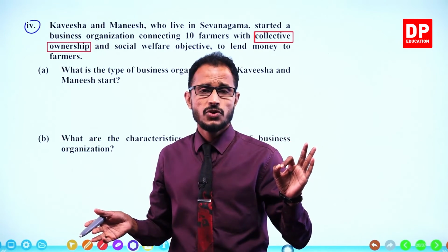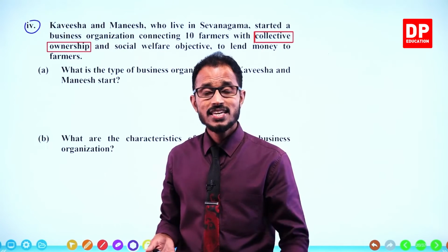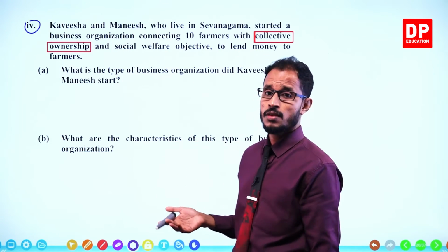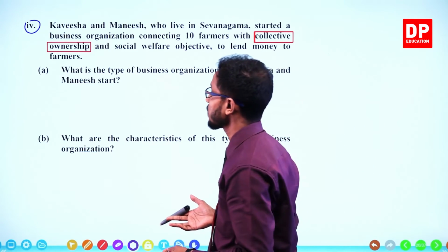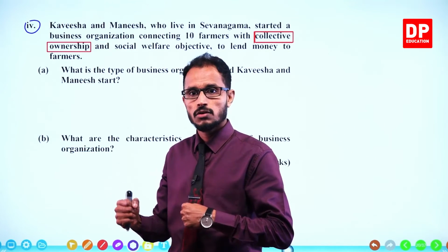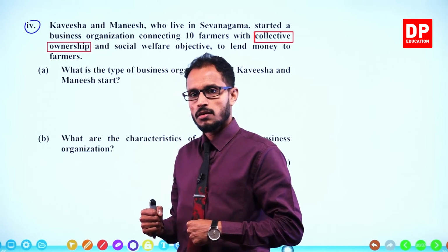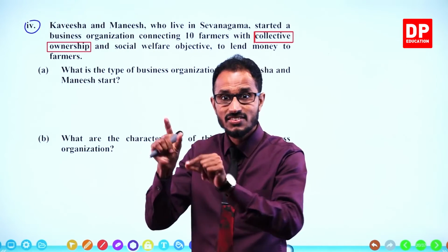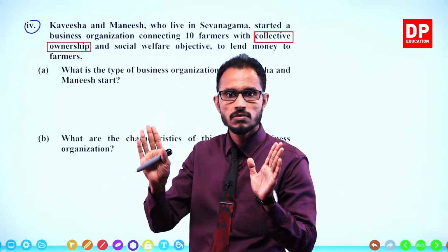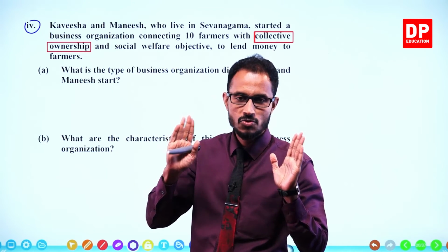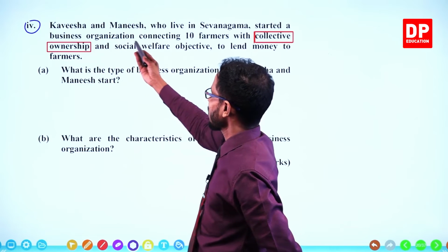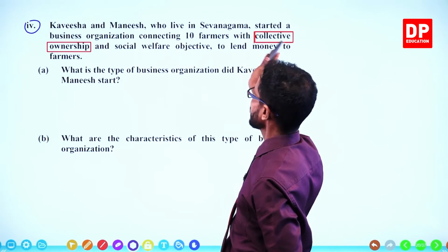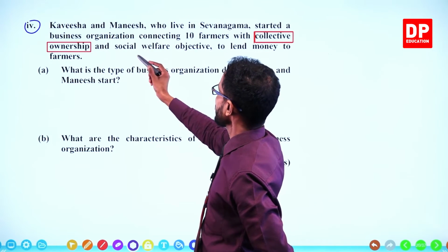It'll be so easy for you. Notice the keywords. You can always count on these keywords. You can believe, you can trust them. The organization is connecting 10 farmers with collective ownership and social welfare objective.